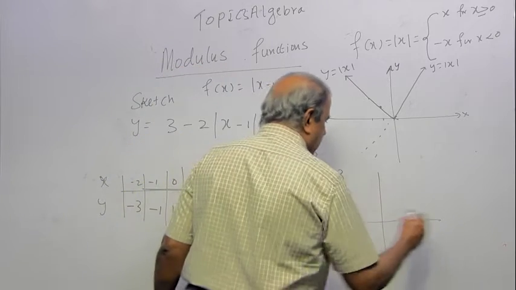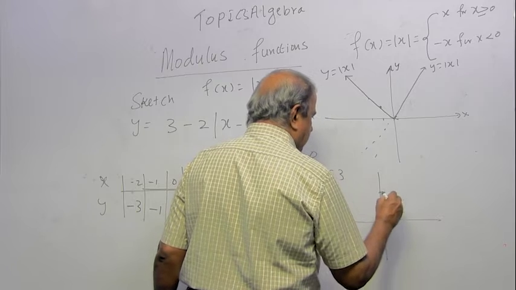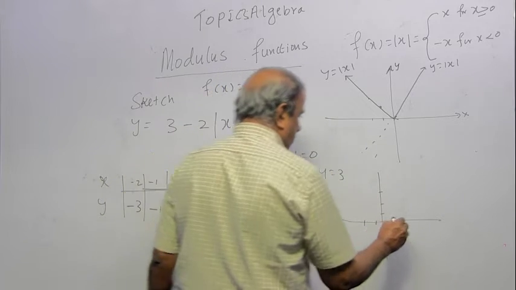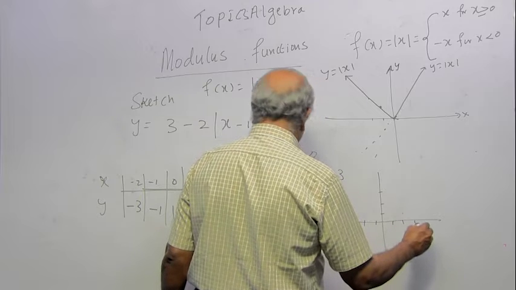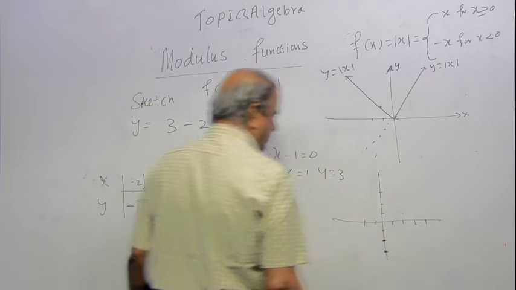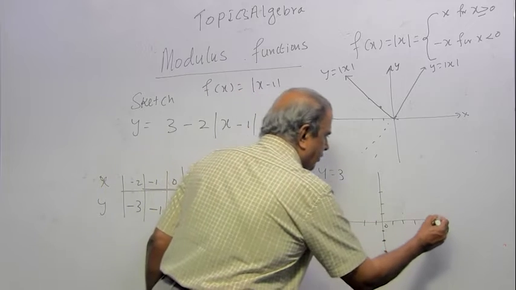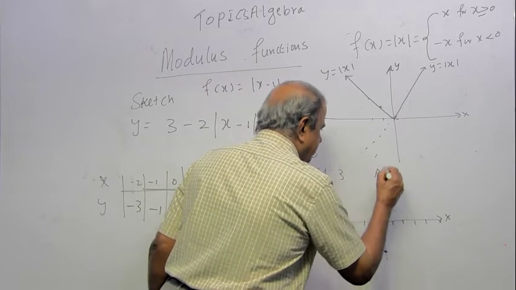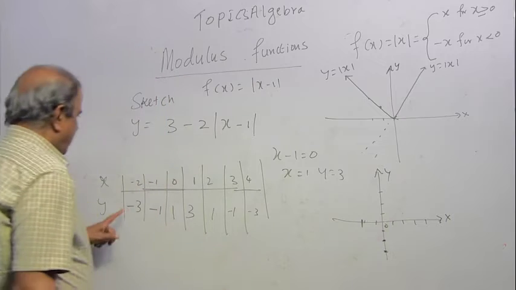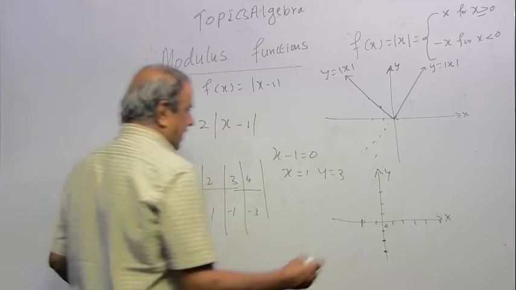So at (1, 3), let's mark the axes: 1, 2, 3, minus 1, minus 2, 1, 2, 3, 4, minus 1, minus 2, minus 3. Rough sketches, of course. As you can see, my divisions are not as good as they should be. (1, 3).